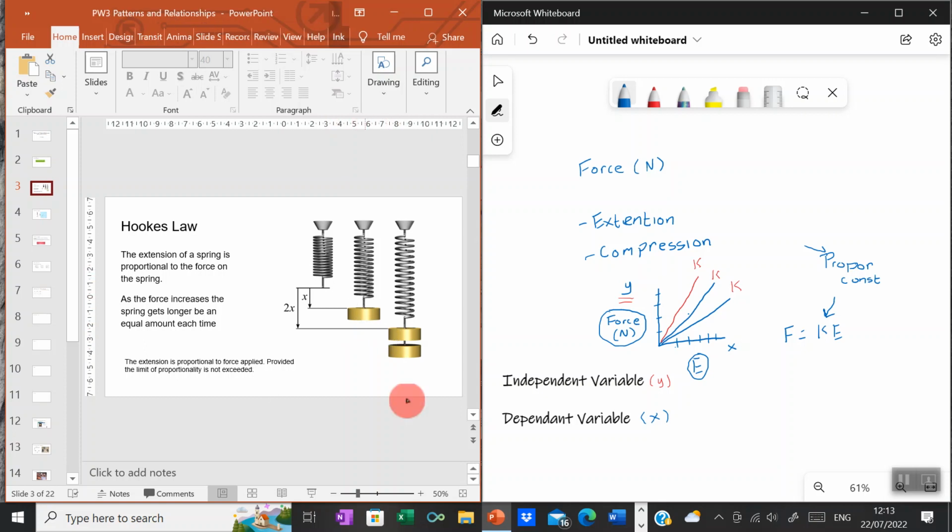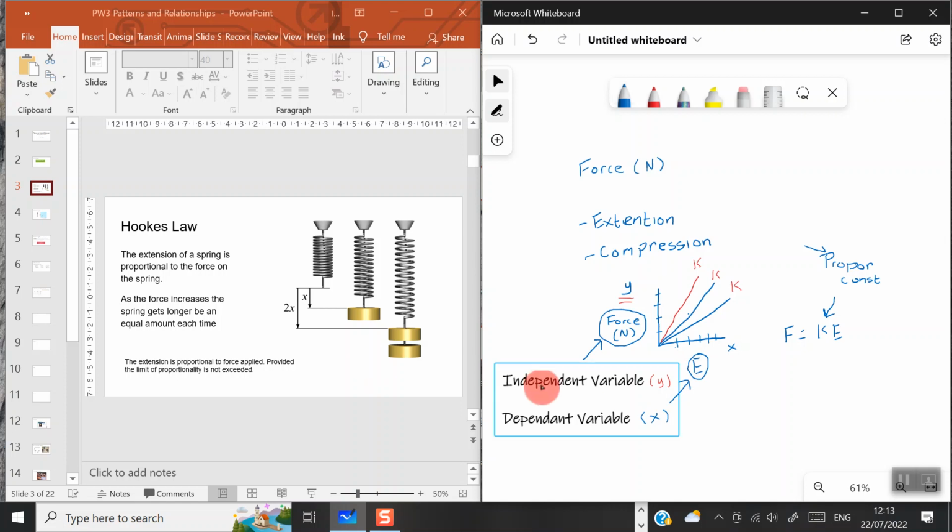So the independent variable, the thing that you control, is the force or the weight that you add on. The dependent variable is the thing that you measure, which in this case is the extension, how much it extends.